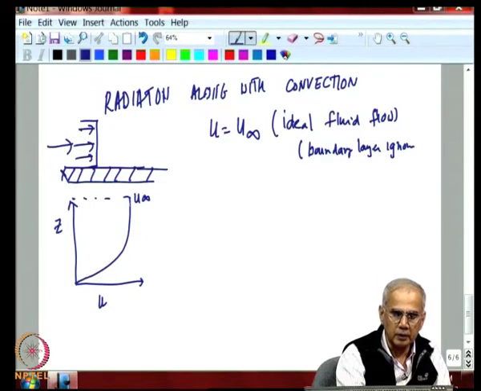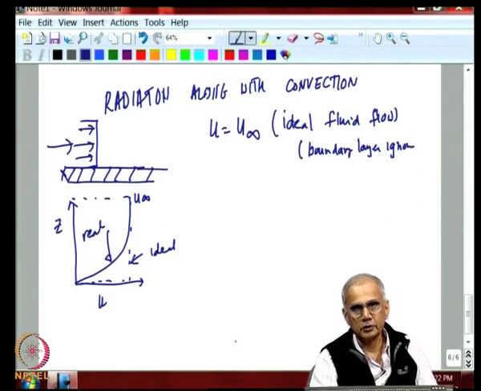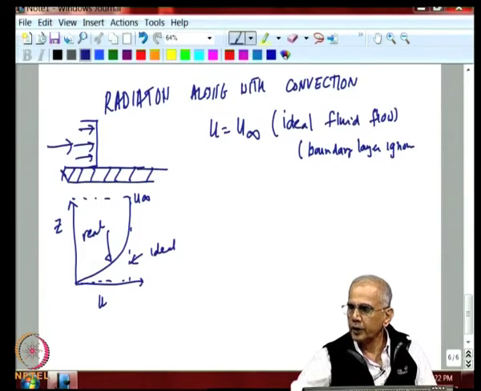So, what we are doing is we are replacing that by an ideal profile, this one. So, this is a real profile, this is the ideal profile. An ideal profile ignores the fact that right close to the wall the velocity has to go to 0. So this is an approximation. It is not essential to make the approximation, but it does make it somewhat easier to interpret the results if we look at this ideal fluid case first.